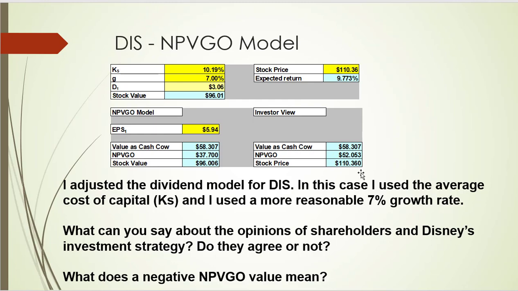If you look at the stock price, again, remember, stock price is based on what you and I think. We think this stock is worth $110. So what we're saying is that the value of future dividend or future net present value projects is $52. Again, it's relatively a ratio here, almost 50-50%.